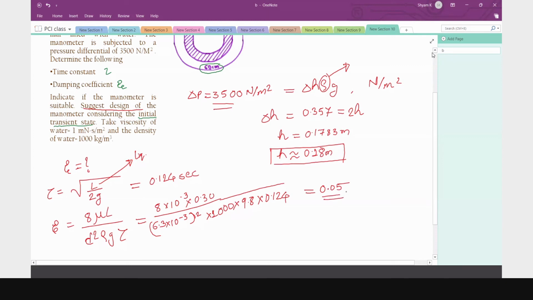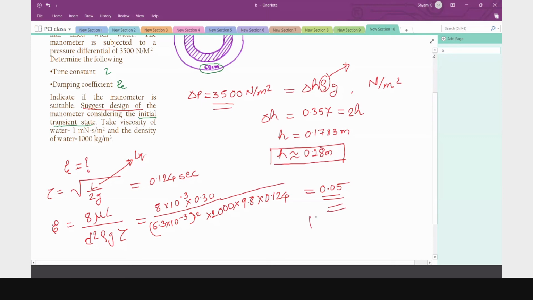So let me know whether it is overdamped, critically damped, or underdamped. With what will you compare this value of psi? Psi is less than 1, so it is underdamped, correct?